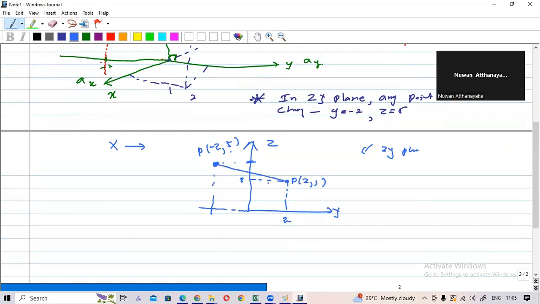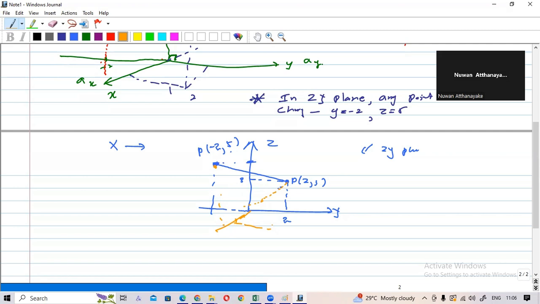We know that the x-axis coordinate is 1 actually. So this point comes here, and that point is also at x coordinate 1.